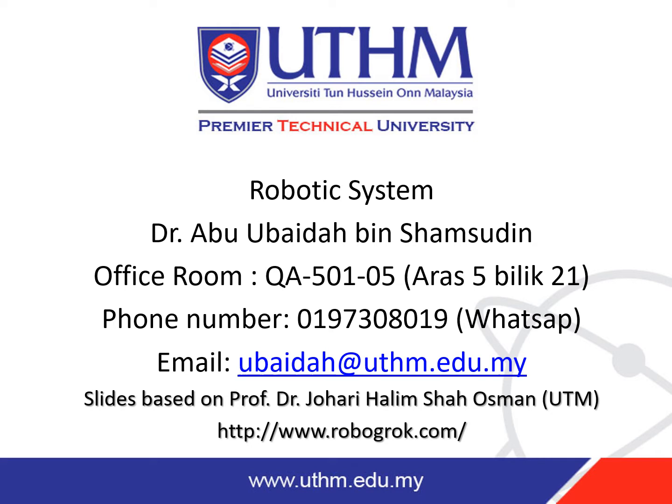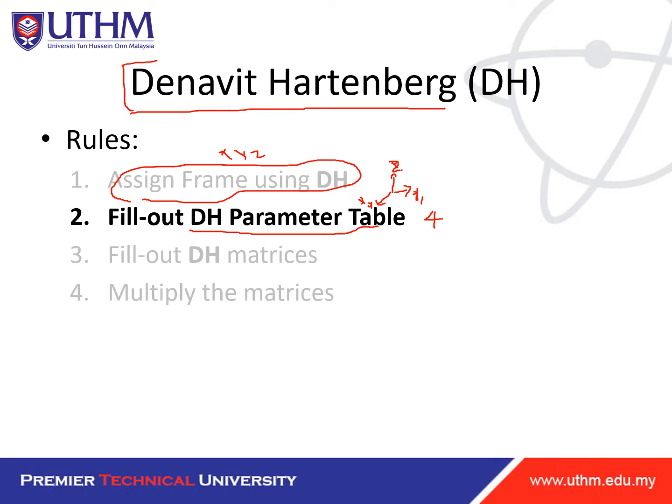So today I want to continue an example for Denavit-Hartenberg application on a 6 degree of freedom robot arm. So let's go. Before that, I would like to refresh what we already learned about Denavit-Hartenberg. There are 4 rules.